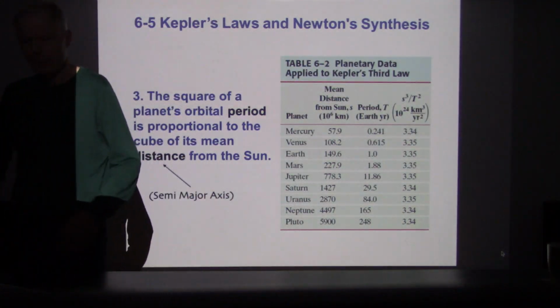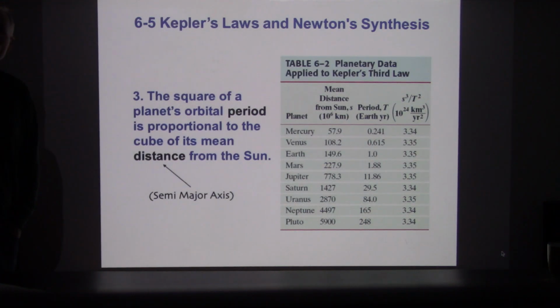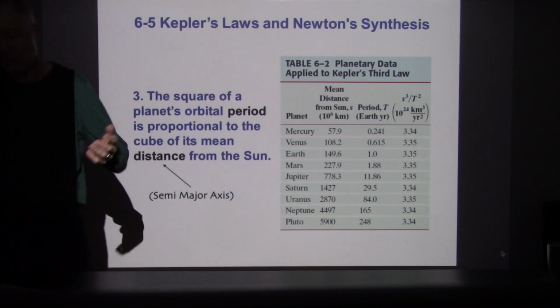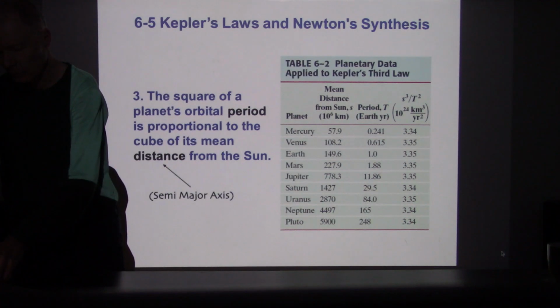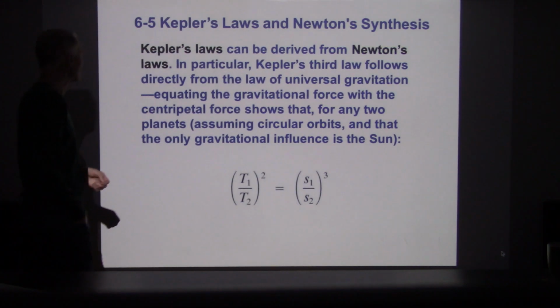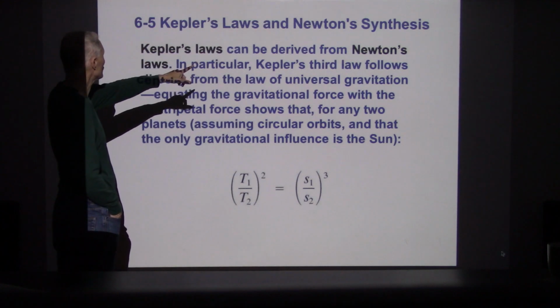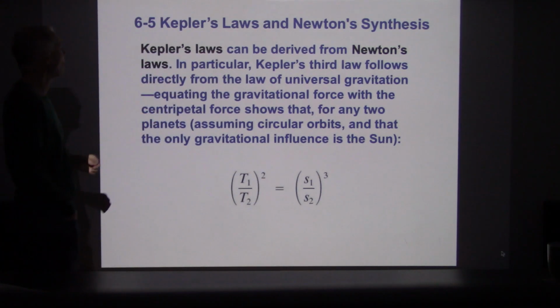This is data that's accurate to 3 significant figures. You can see a little variation back and forth. If this were carried out more carefully, you would see the numbers line right up beyond that. So this is something that Kepler had come up with during that time. So here is the expression. Kepler's laws, we now understand, can be derived from Newton's laws for gravity.